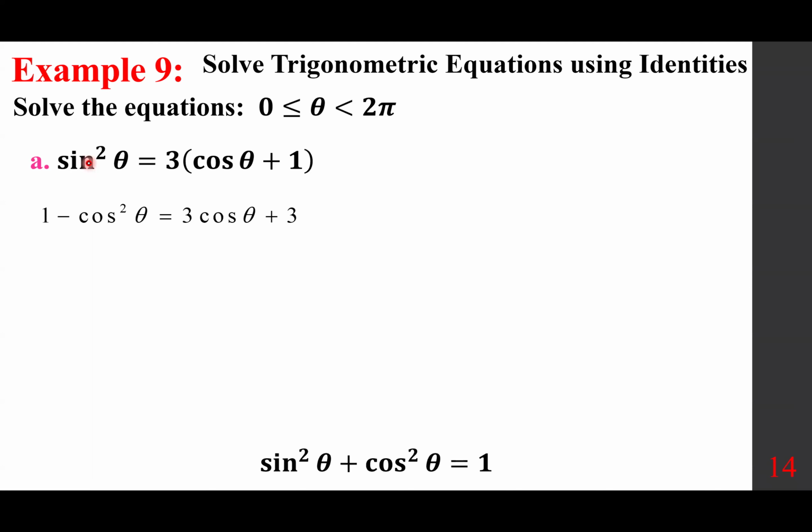Since this is negative, we're going to make it positive on the right side, because we want to put it in descending order and we want this to be positive. And so as we move it to the right, this becomes positive cosine squared, and 1 becomes minus 1.